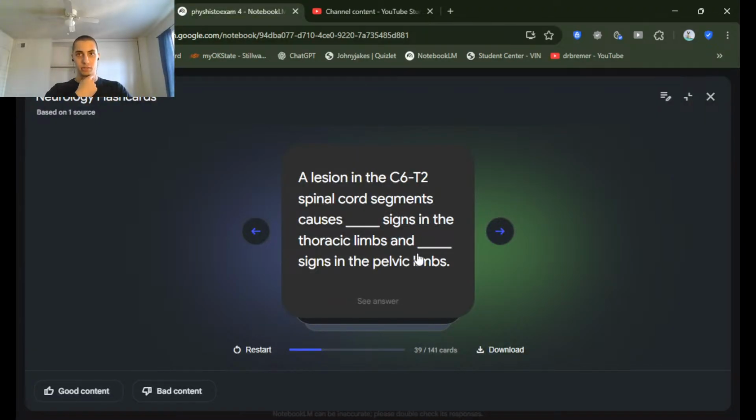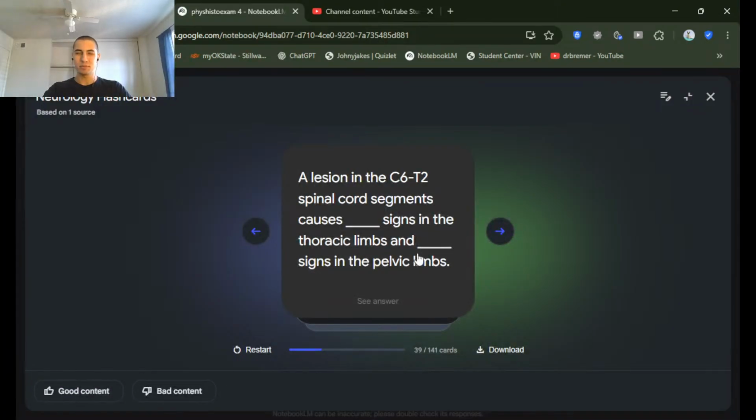First of all, because there's no nerve that goes from the brain to the rest of the body without going through C1 to C6. Right? Because that's where they all originate, is the brain. They go through the spinal cord. Okay, and so upper motor neuron signs are hyperreflexia.